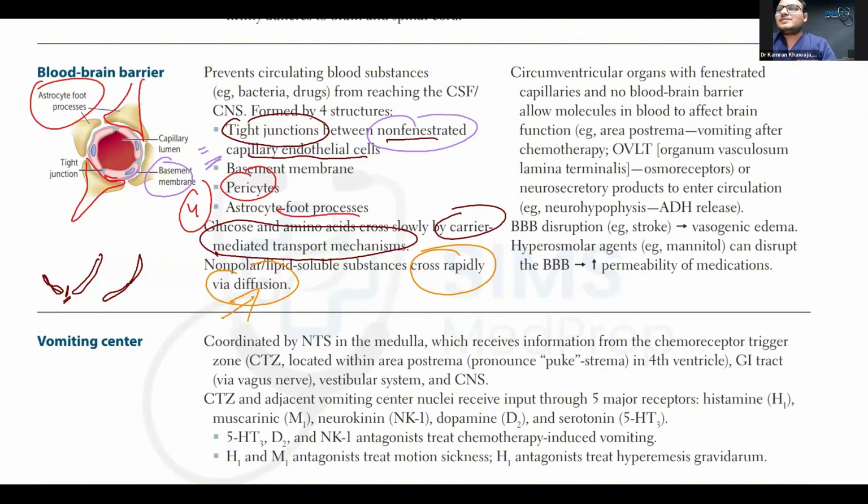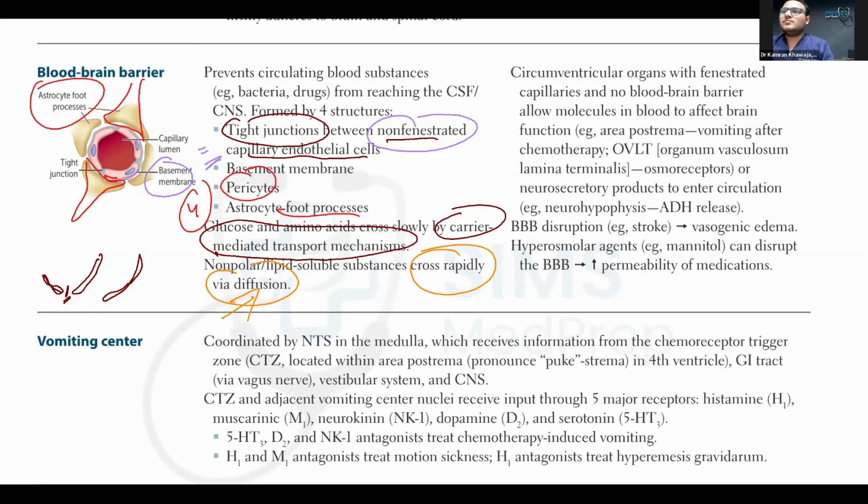Very important. And next are the circumventricular organs. What are the different structures that do not contain a blood-brain barrier? This is a very important question also. What are the structures that do not contain the blood-brain barrier and are very sensitive to chemicals, bacteria, and drugs?